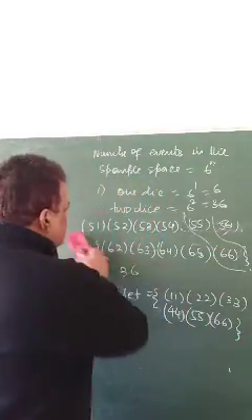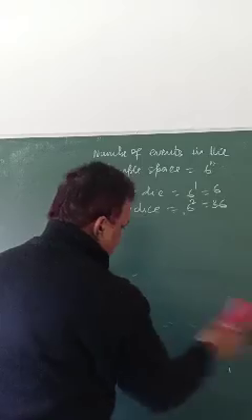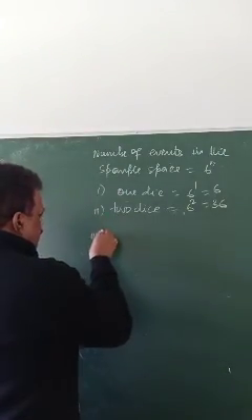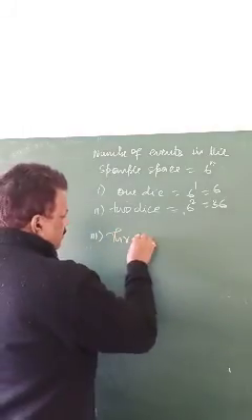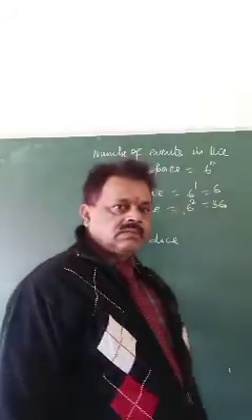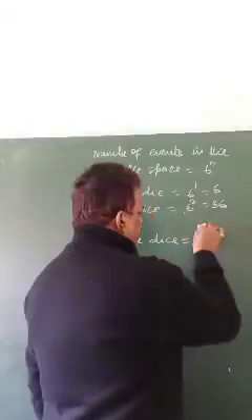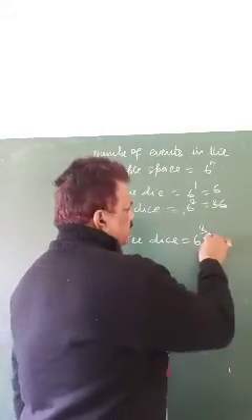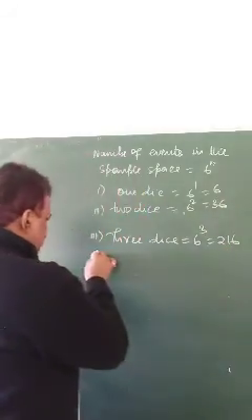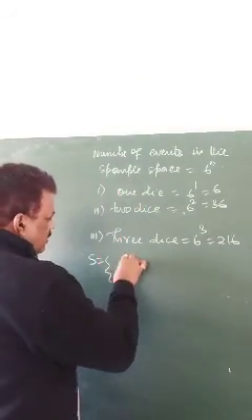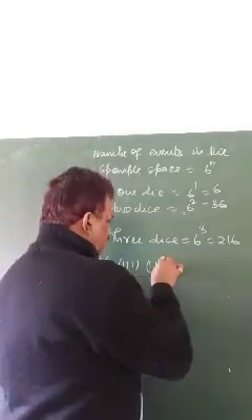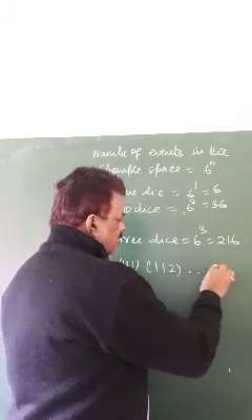If you have 3 dice, 3 dice is 6 cubed, 216. So 216 you cannot write out, but some you can write, as 1 1 1, where all 3 are showing 1, then 1 1 2, like this.